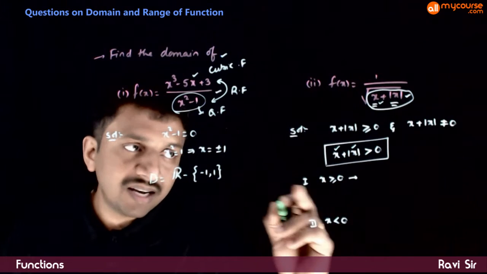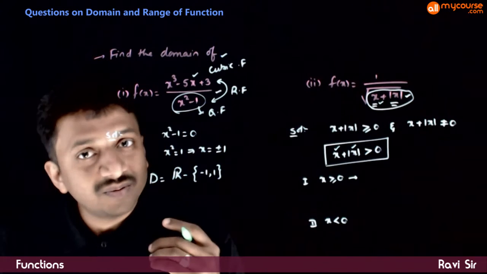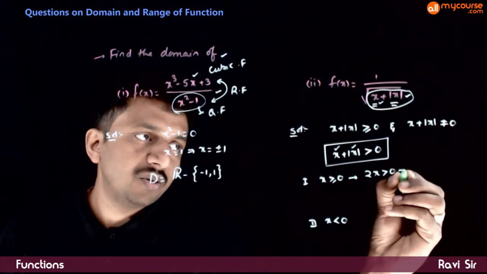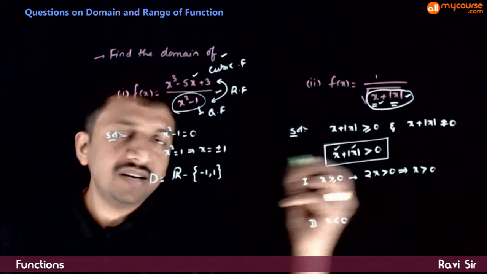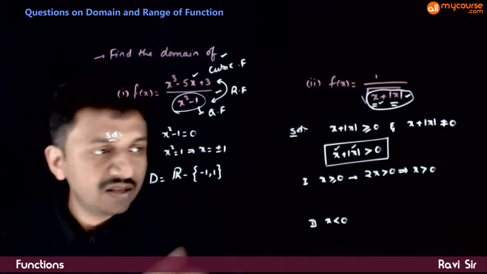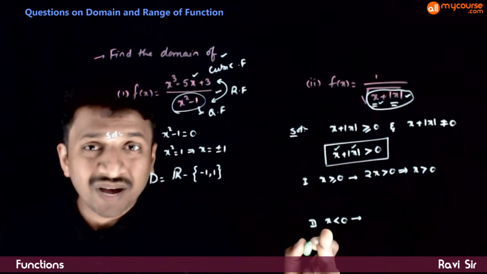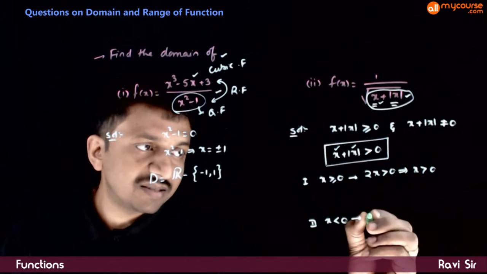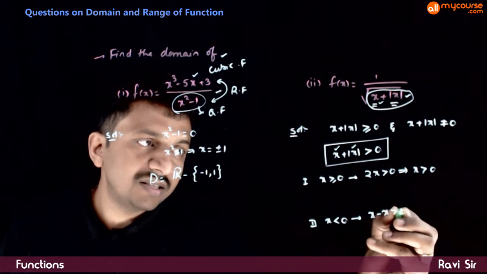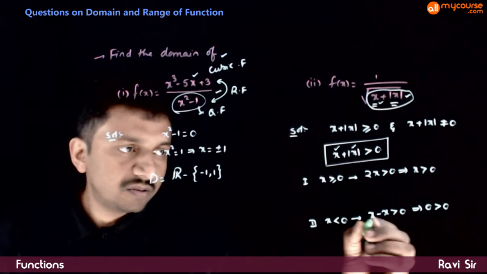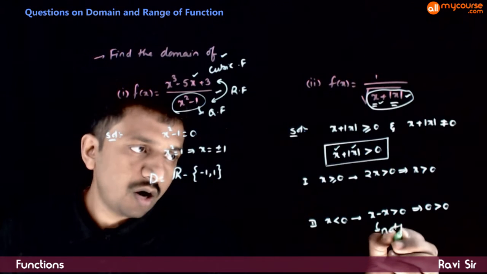So when x is greater than or equal to 0, mod x becomes plus x. So x plus x, 2x greater than 0, this implies x is greater than 0. In the second case, mod x when x is less than 0 is minus x. So x minus x is greater than 0, that is 0 greater than 0. So this is not possible.